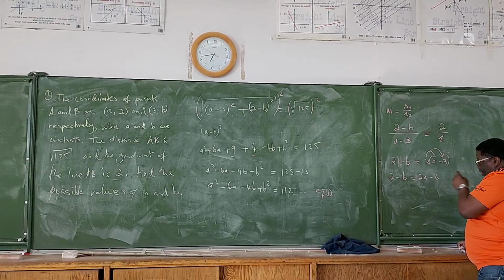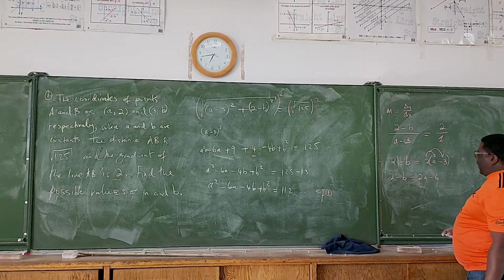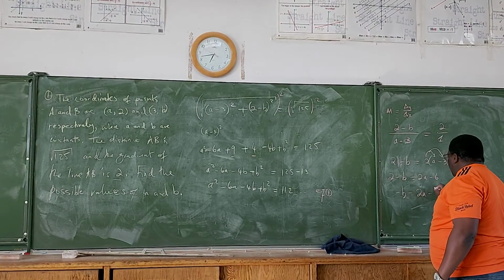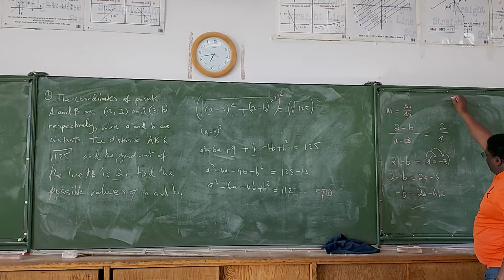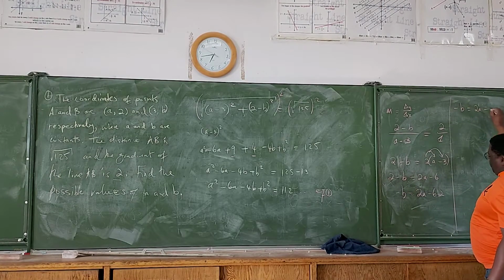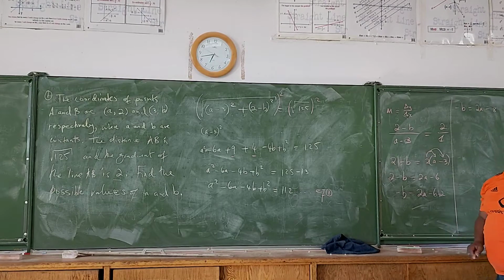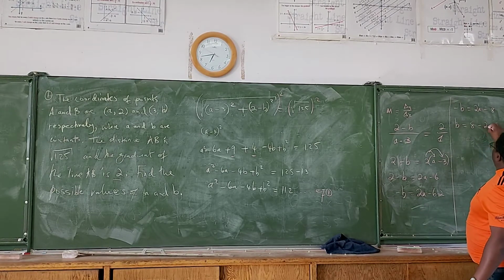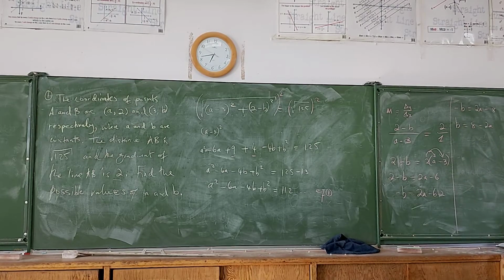So if I have b, then I will substitute. Let's have minus b equals 2a minus 6 minus 2. So that's minus b equals 2a minus 8. Take it this side, then b equals 8 minus 2a. Negative into that gives you negative, negative into that gives you positive.